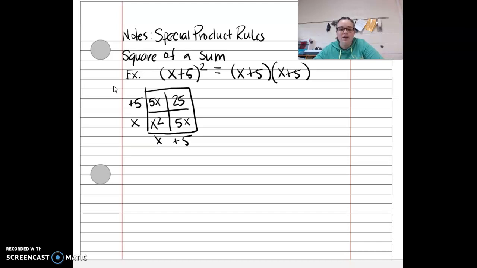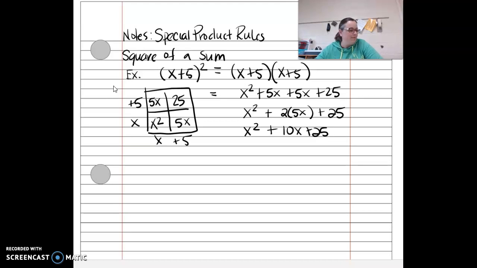When I write all of this out, I get x squared plus the 5x plus the 5x plus the 25. But I want us to take notice here that the two terms in the middle, you actually have double that. You have the x squared, and then you have two 5x's, and then the plus 25 for your constant term. So actually I end up getting x squared plus 10x plus 25.